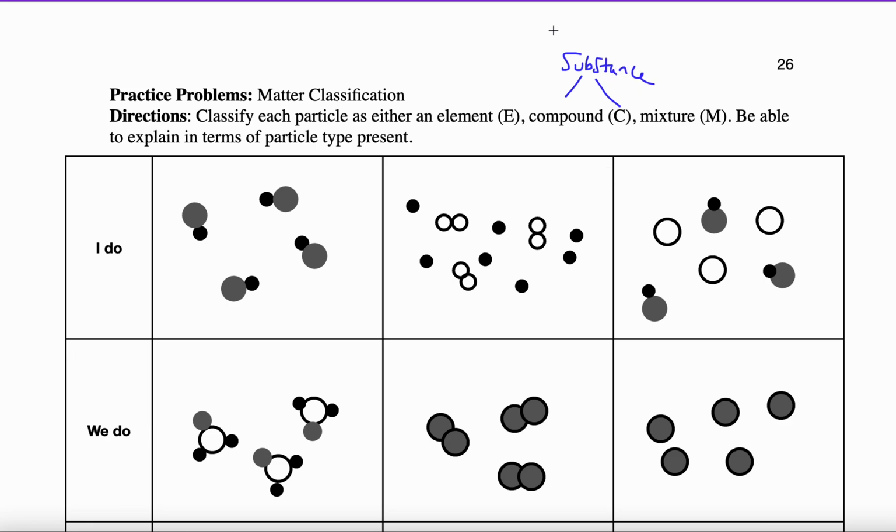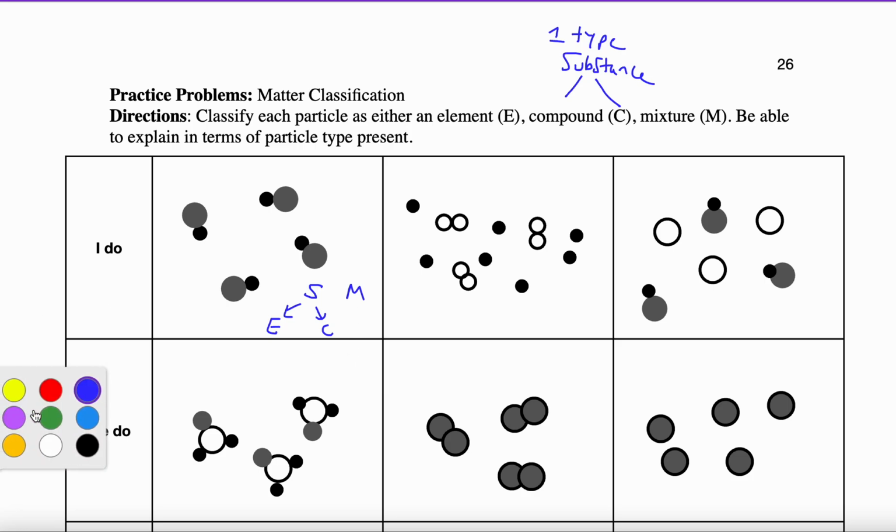And if it's a substance, you have only one type. Whereas in a mixture, there's more than one type. So first off, what I need to figure out is, in this picture, is it a substance or a mixture? And then if it's a substance, is it better classified as an element or a compound?